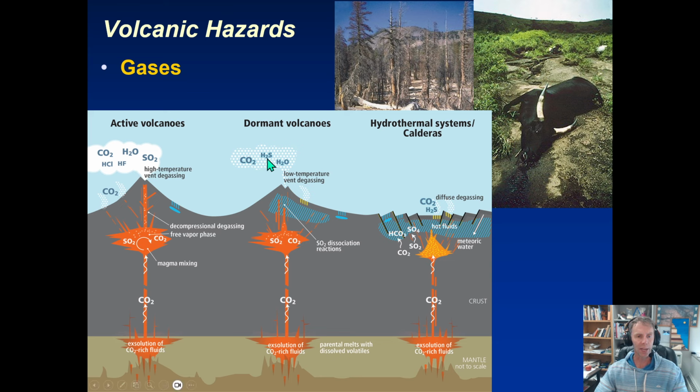Some of the other gases: hydrogen sulfide, water vapor comes out of volcanoes, and then sulfur dioxide along with fluorine and chlorine, these are acids as well, that come out of volcanoes. So with gases, there's several different episodes where people have been killed by volcanoes, even with a quiet phase where it's not really erupting, just some of the gases are escaping and then coming down into the communities and causing problems.